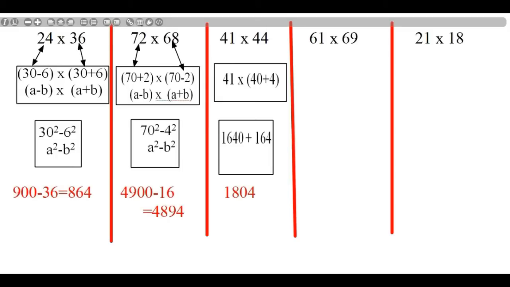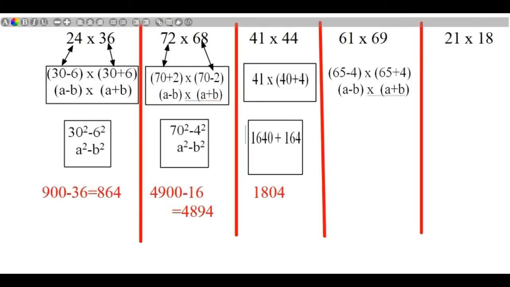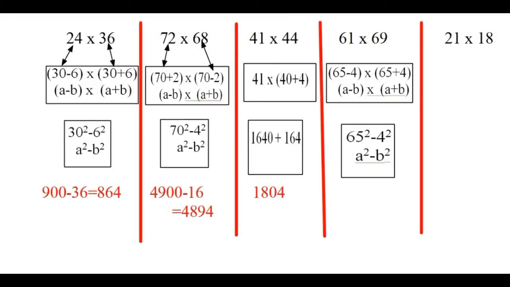The next one is 61 into 69. The difference between these two numbers is 8, which is even, so I can go for (a+b)(a-b). That's like (65+4)(65-4), so the answer is 65² - 4². But how should we find 65²? That we shall learn at a later point of time. As of now, simply remember that 65² is 4225.